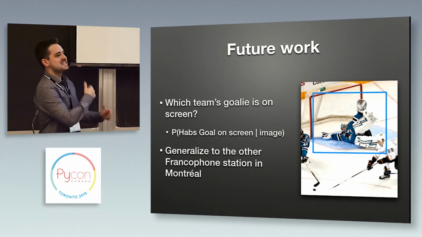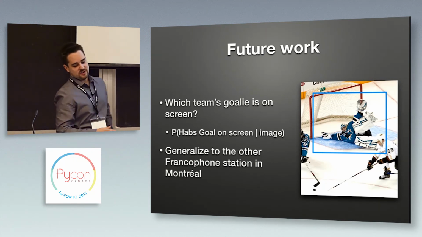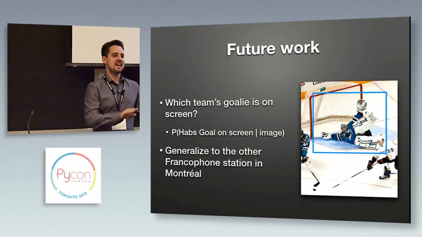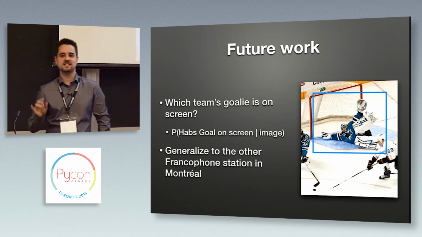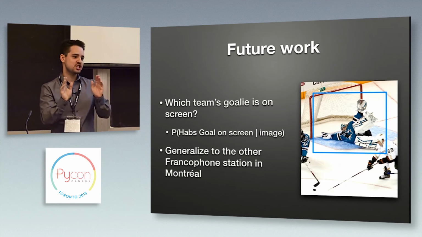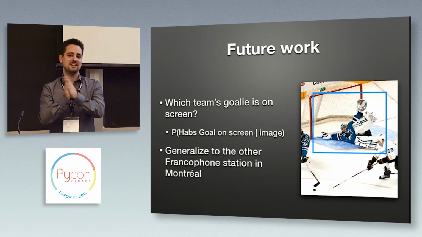So what's next based on this? The system has no problem detecting every goal. That's not the problem. The problem is that for some goals, it's not sure if they're good or bad goals.